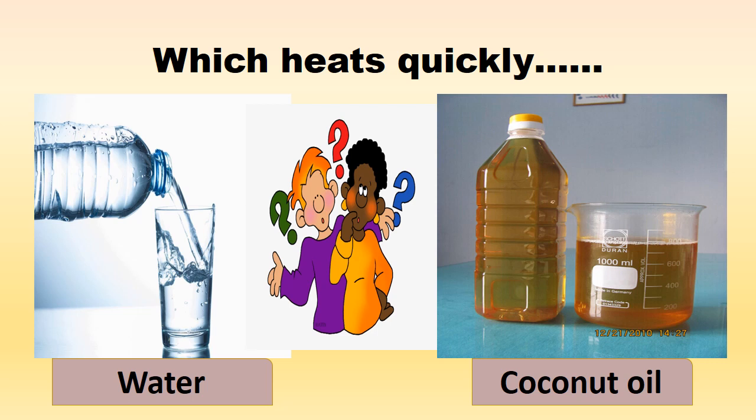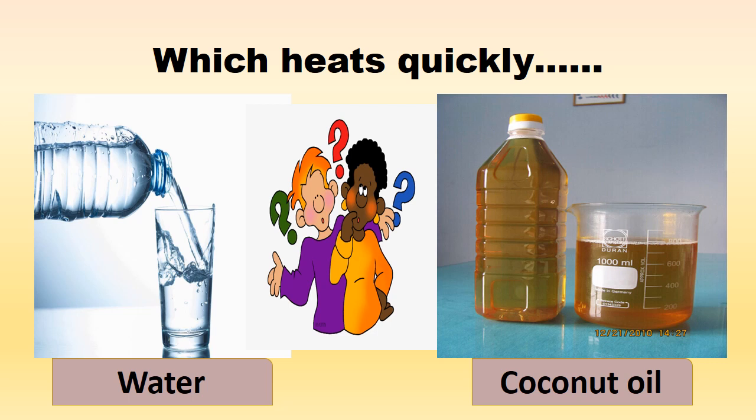So children, just find out which heats quickly, whether it is water or coconut oil. Then you can identify that one of the materials will heat more quickly than the other. So you know that even though both the beakers are heated equally, their temperatures have not increased in equal amounts.